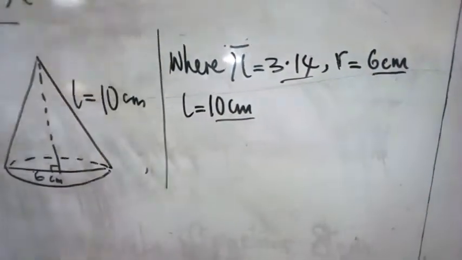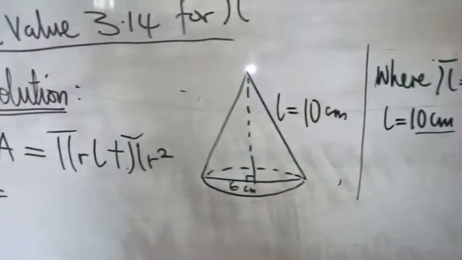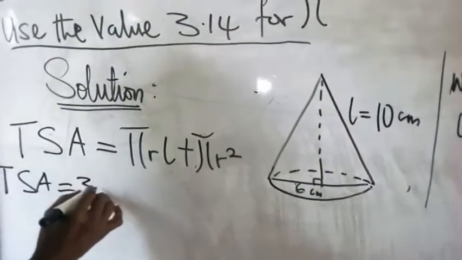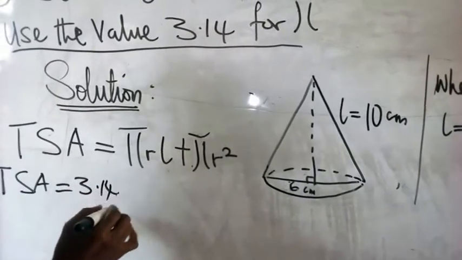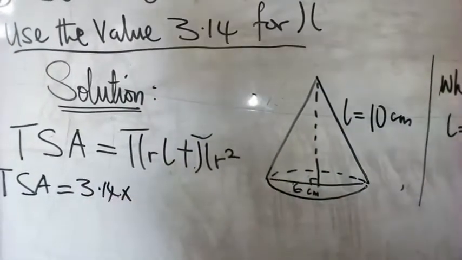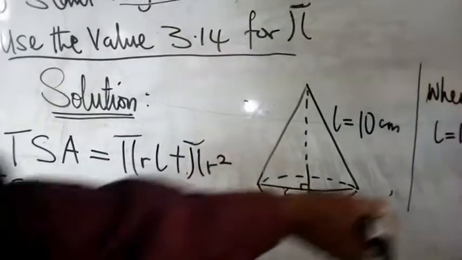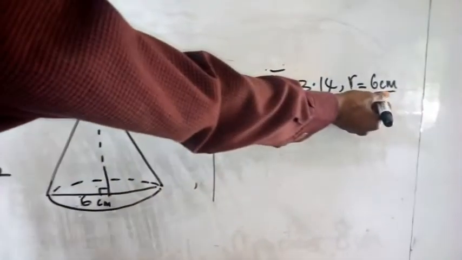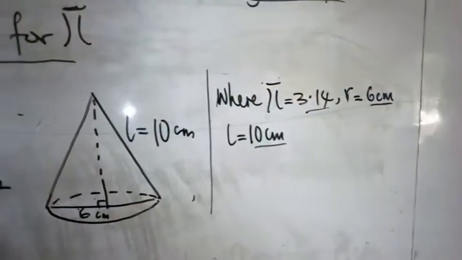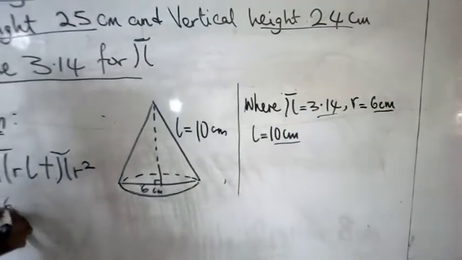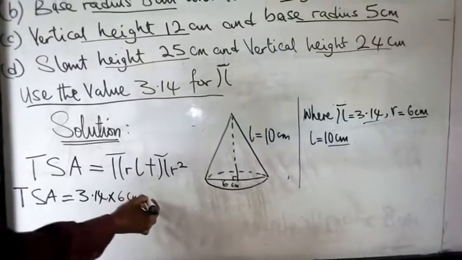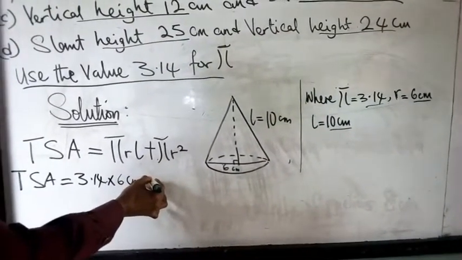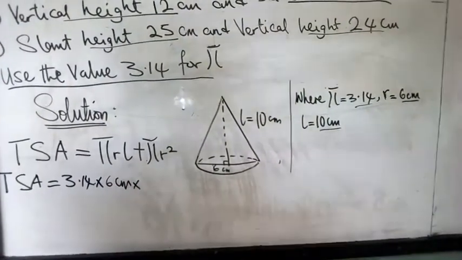So let us quickly put this in the formula. Pi is 3.14 times radius. Look up there, radius is 6 cm, times slant height.